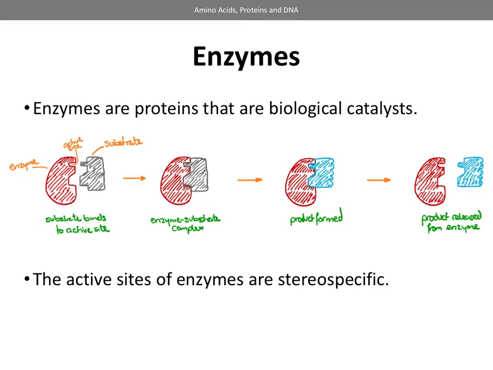So recognizing that the active sites of enzymes are stereospecific is actually a key feature in the production of new drugs. So let's say you want to inhibit an enzyme, and sometimes that is the cause of a problem, the cause of a disease or an illness. So one way you can do that is to block the active site to prevent it from doing the job that it's doing. And computers can be used to do that.